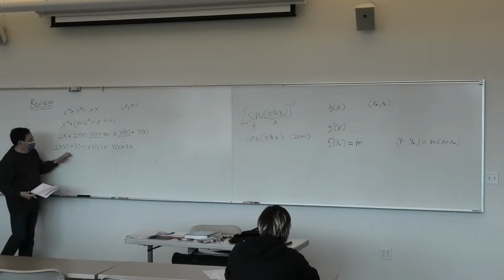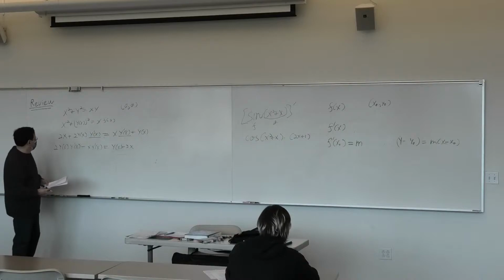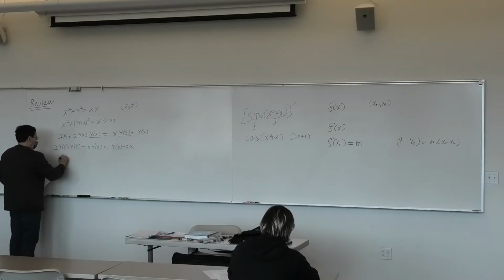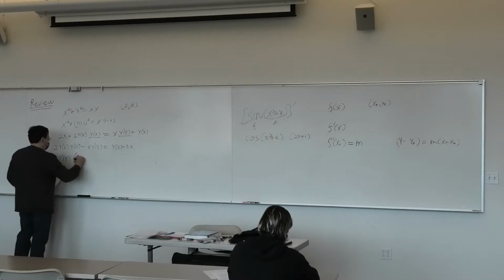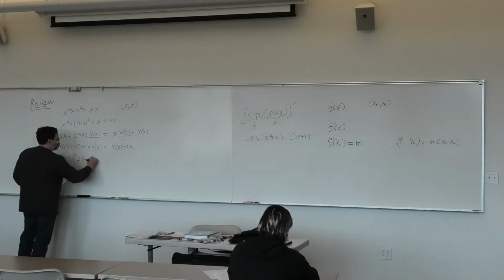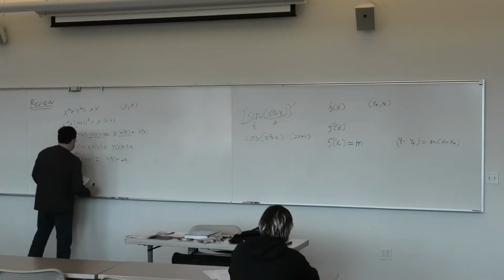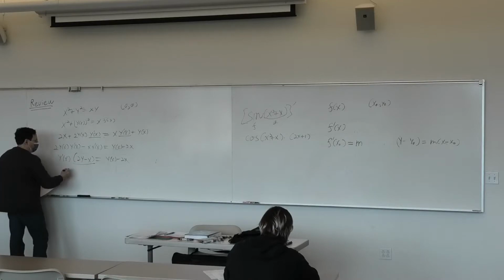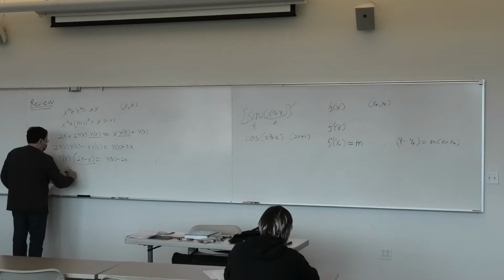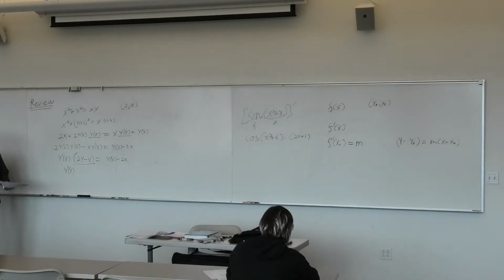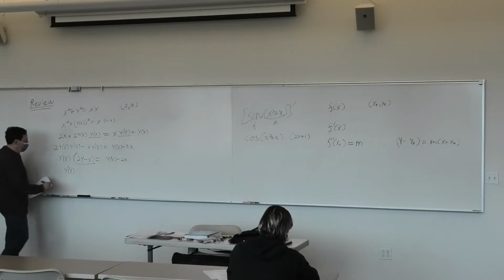It's much simpler to just skip that, but all right. I factor out y prime, (2y minus x) equals y minus 2x, and now I divide through by 2y minus x, and I have an implicit formula for the derivative.